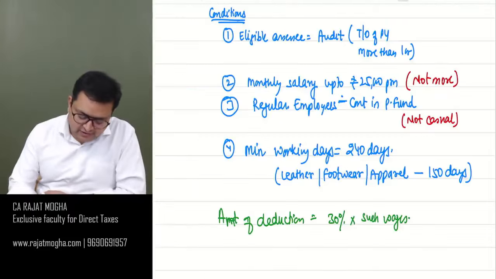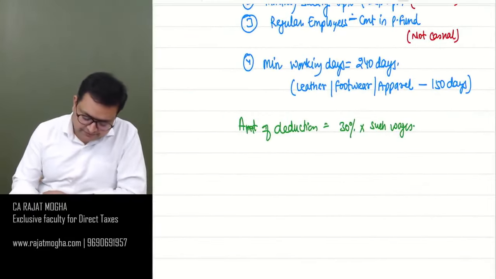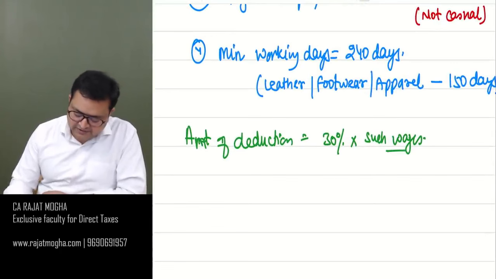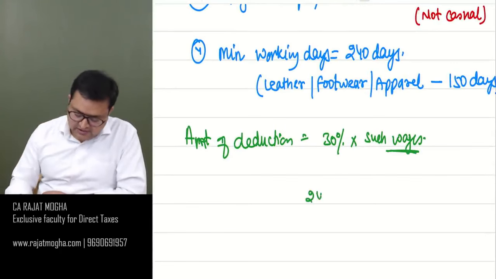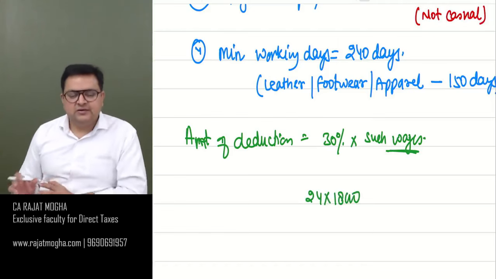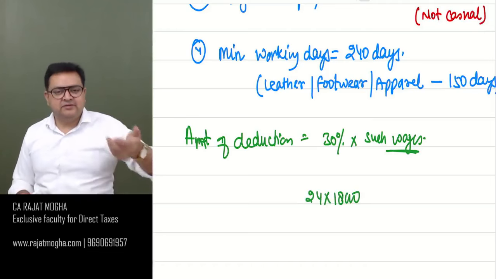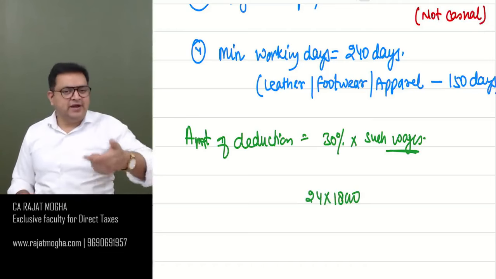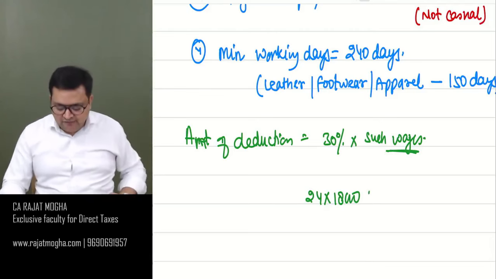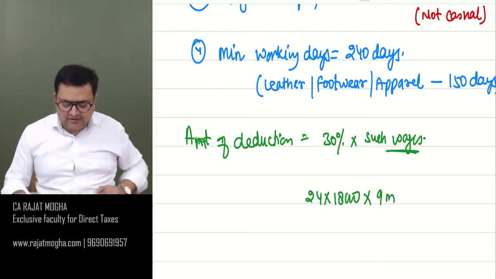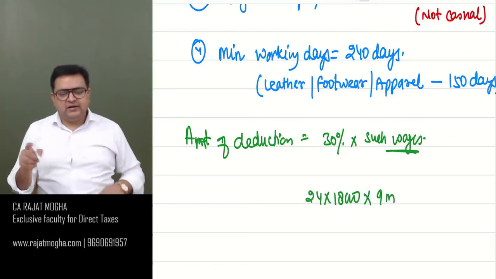So there are 24 employees, every month we are giving them 18,000 rupees. Everybody agree? To one employee 18,000, for 24 employees, 24 into 18,000. And we have paid for 9 months, not for the entire year.